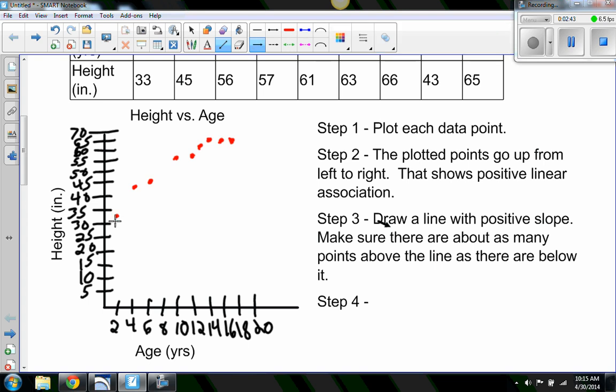You just need to draw it as close to touching as many points as possible and being as close to as many points as possible. I would say about right in here would be good, right? It's going through 4 of the points and it's got 2 on the right and 3 on the left. That's as close to the middle of the data as you're probably going to get. Okay, that's a trend line.